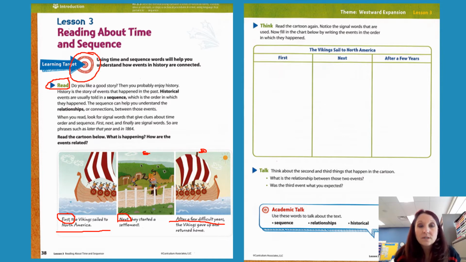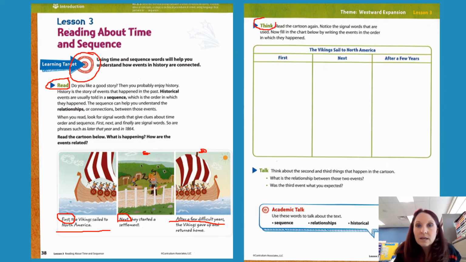So this shows us a story of 3 events that happened in order. We're going to take these events and put them into the chart on page 39. So we're going to do this together. So if you don't have a pencil already, please grab one, and we're going to write in this chart. Okay, up on page 39, it says, think.